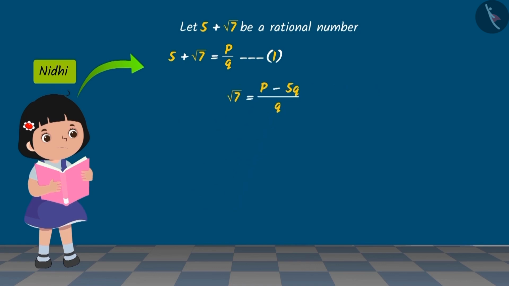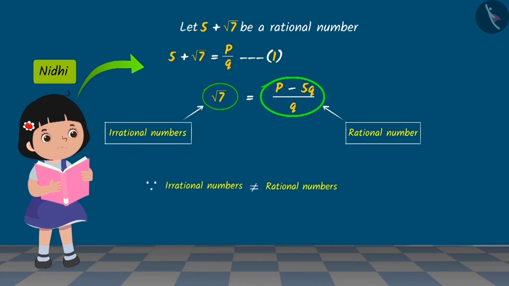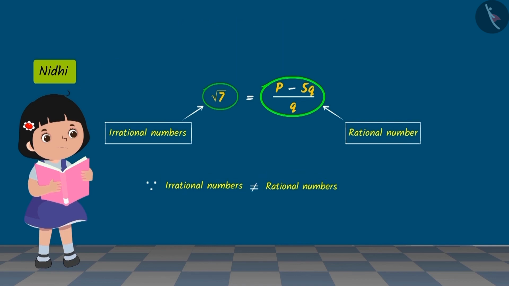You will remember that the difference of rational numbers is also a rational number, so since p and q are rational numbers, p minus 5q upon q on the right side is also a rational number. But the square root of 7 on the left side is an irrational number. But this is impossible because irrational numbers cannot be equal to rational numbers.